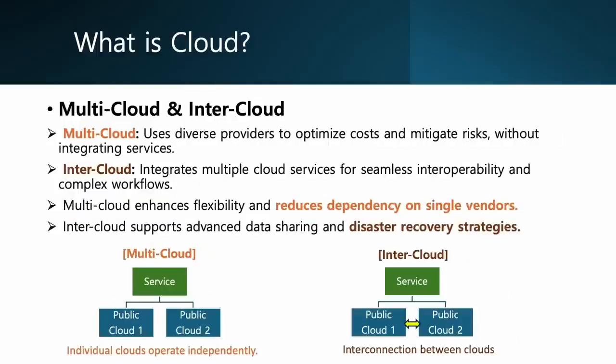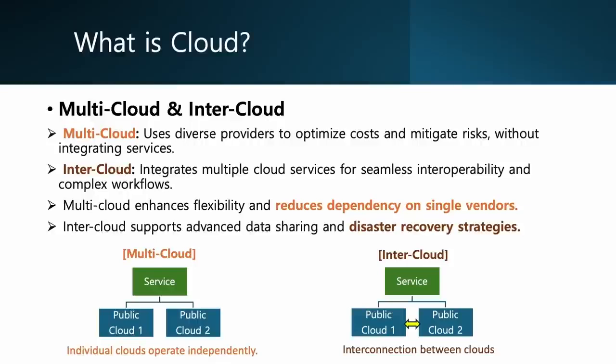As the cloud becomes more widespread, the number of providers providing cloud services has also increased. Each cloud provider has different main services, and these days there are many cases of combining and using various cloud services to avoid being dependent on a single cloud provider. Have you ever heard of a multi-cloud strategy? Among the strategies that utilize multiple clouds, there are also concepts called multi-cloud and intercloud.